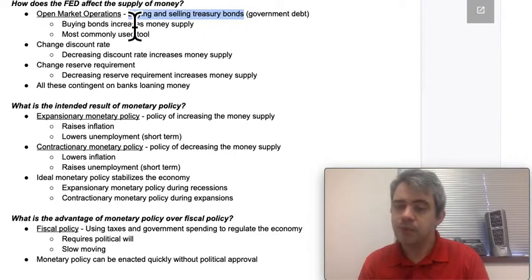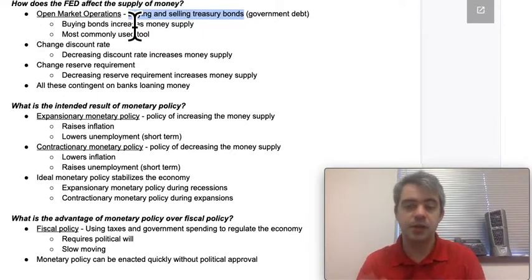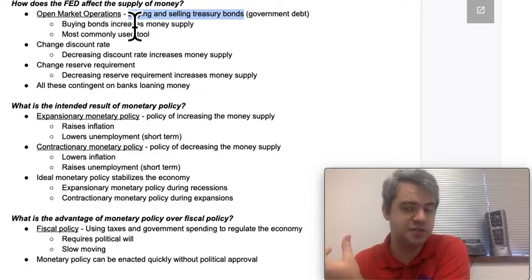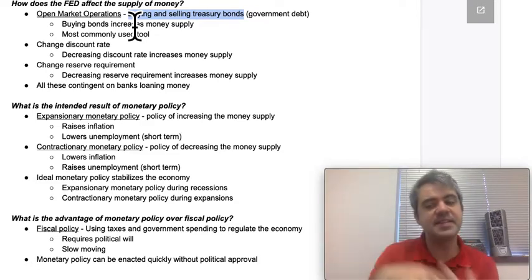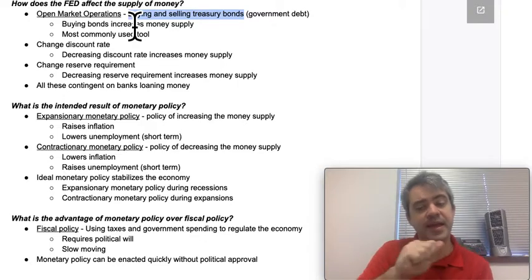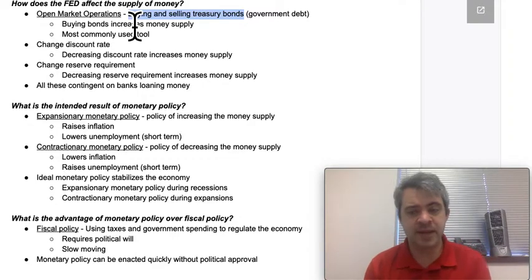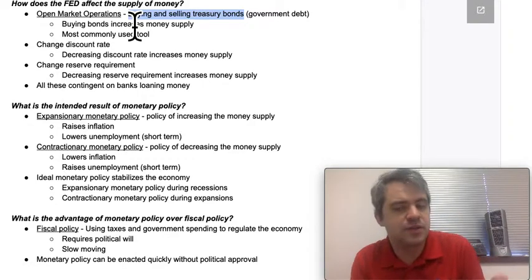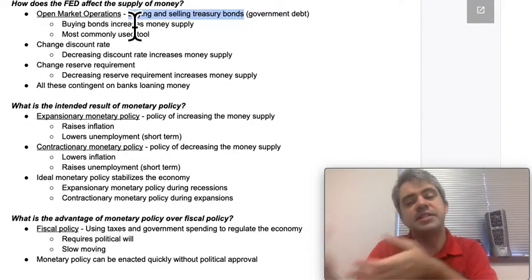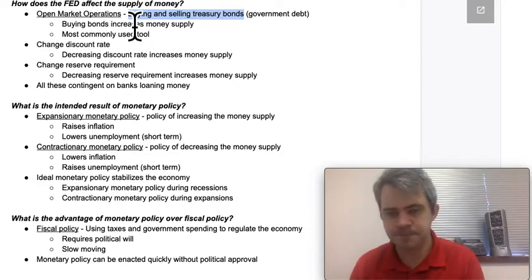Now, on the opposite hand, let's say that the Federal Reserve also holds a lot of these treasury bonds. And let's say that they sell them to the bank. Well, the bank is buying them with money. So that's taking money out of the banking system. And now they're holding these treasury bonds instead. So this is going to decrease the money supply. It's going to decrease the amount they're allowed to lend.